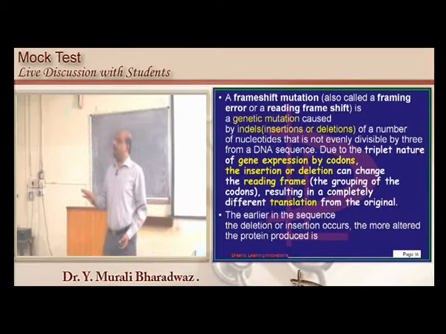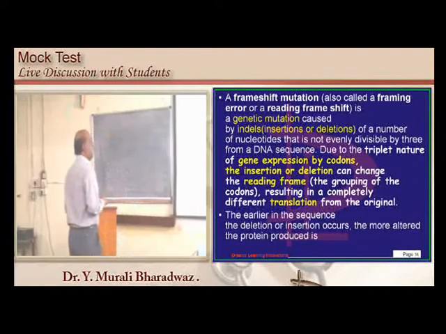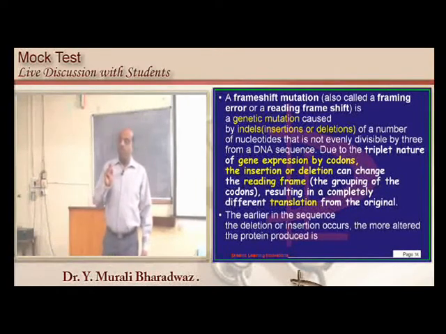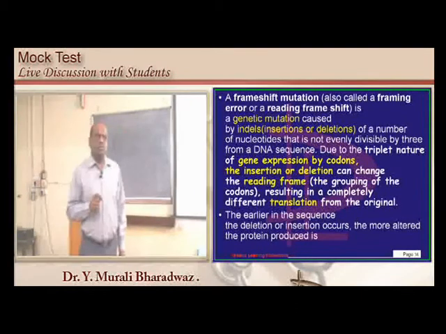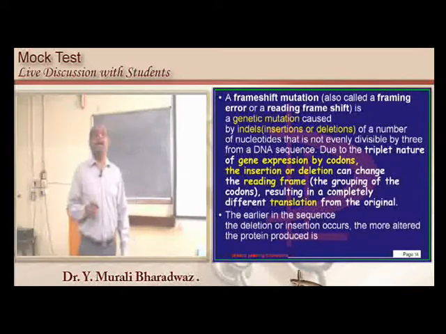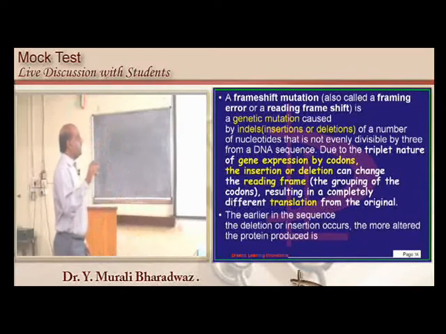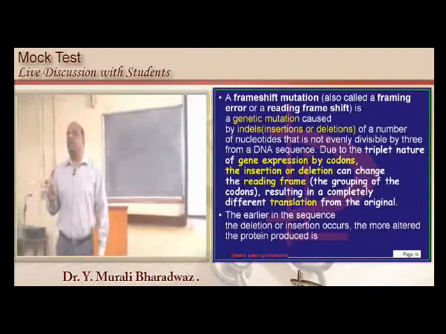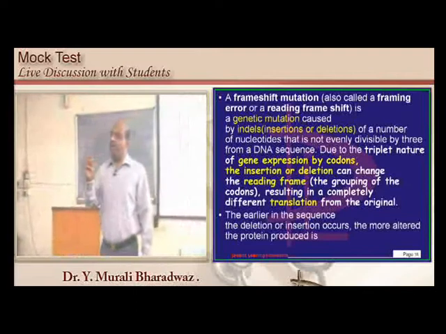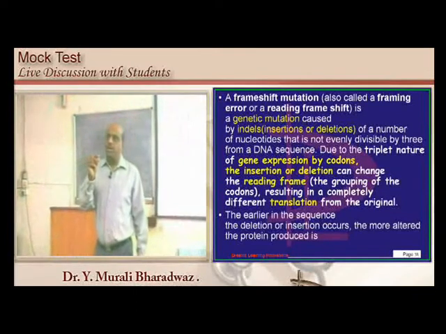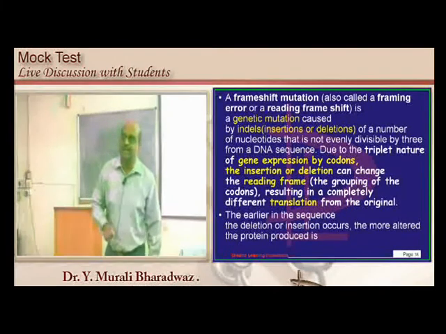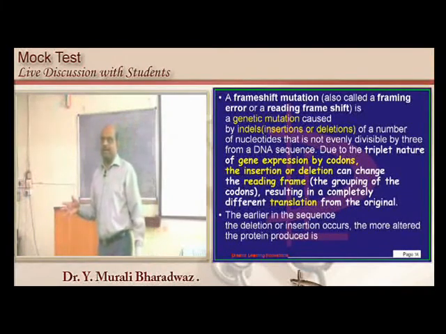Familial hypercholesterolemia is another important disorder. Now one important point we need to remember is there is a difference between Frameshift mutation and single nucleotide polymorphism. What is meant by single nucleotide polymorphism? Instead of one nucleotide, another nucleotide has taken its place, just like in sickle cell anemia.